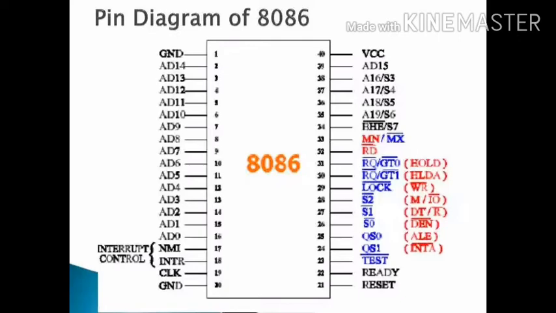Next pin is the bus high enable or status line, pin 34.